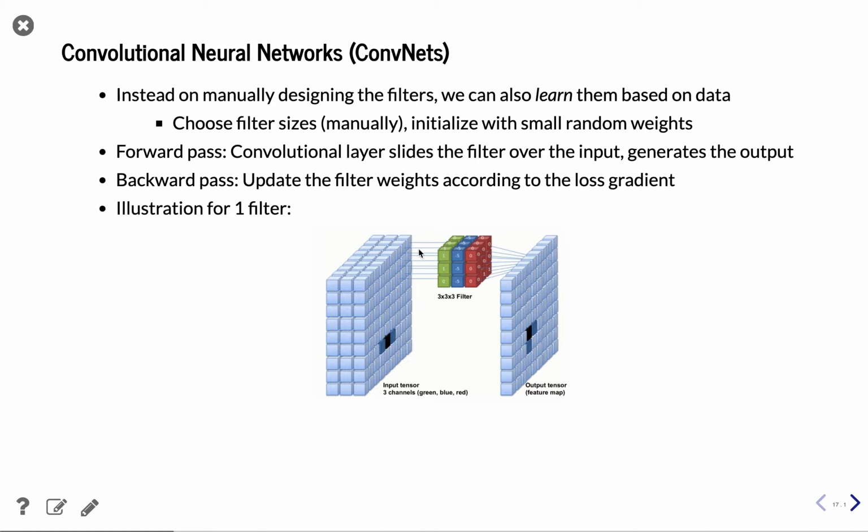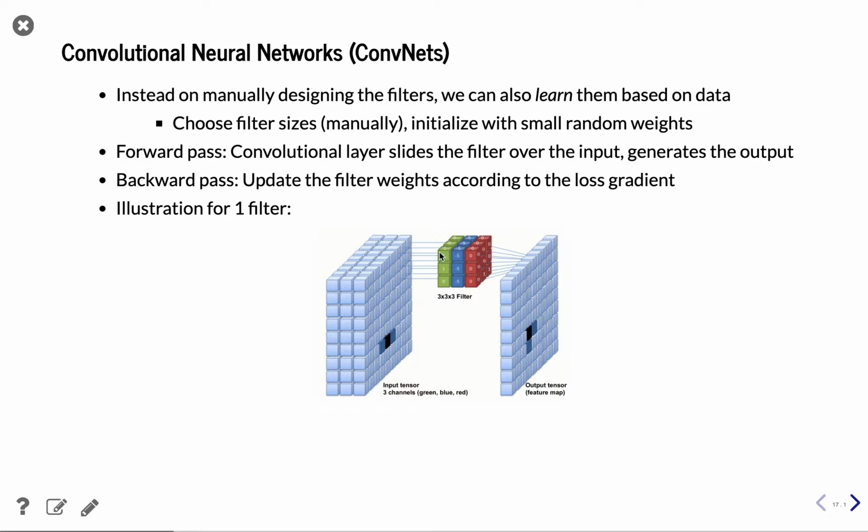And again, the convolution happens the same way. We take this pixel value times this filter value plus this pixel value times this filter value plus this pixel value plus this. And we take, again, the element-wise sum of all of these corresponding products. We sum them all up, and that's the end result. And that's what we call the feature map or the output tensor.